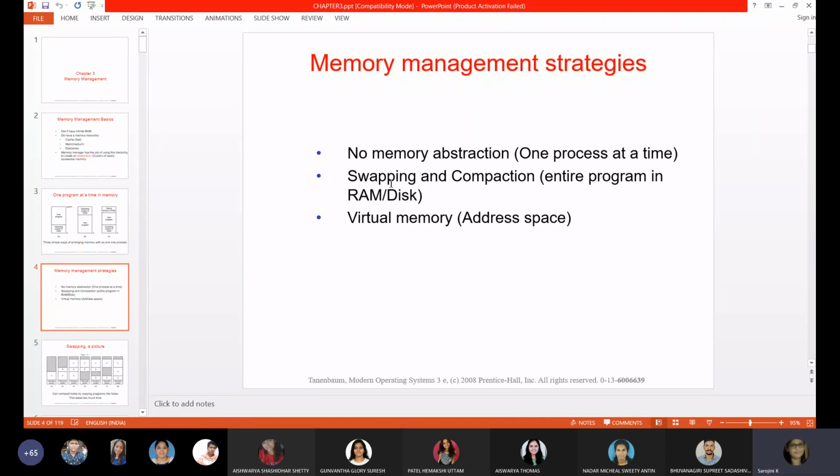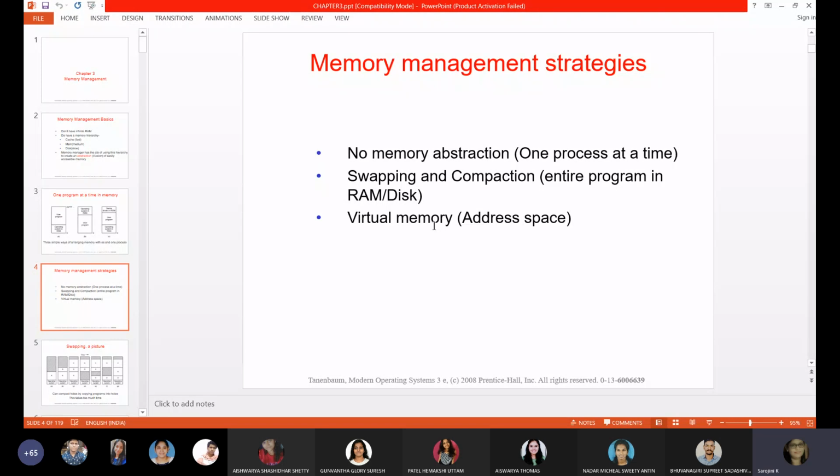And then the virtual memory concept came. After virtual memory came, we could use more processes at a time, and we allocated a part of disk memory as main memory, and then used address translation. Through address translation, we retrieved the data.